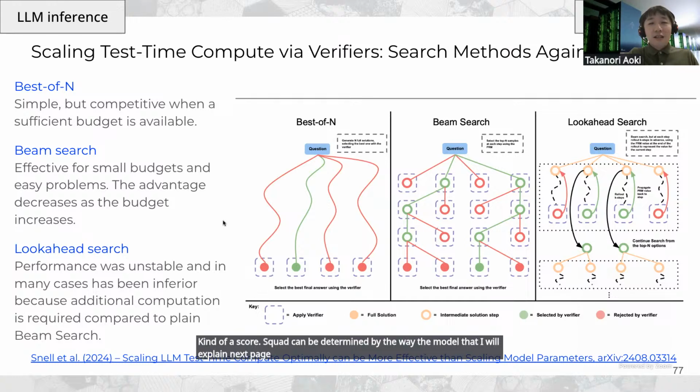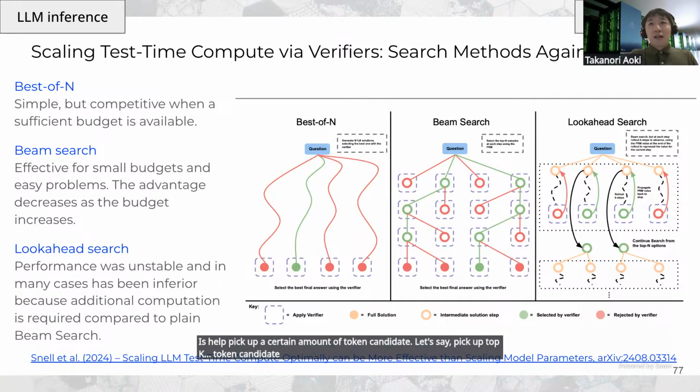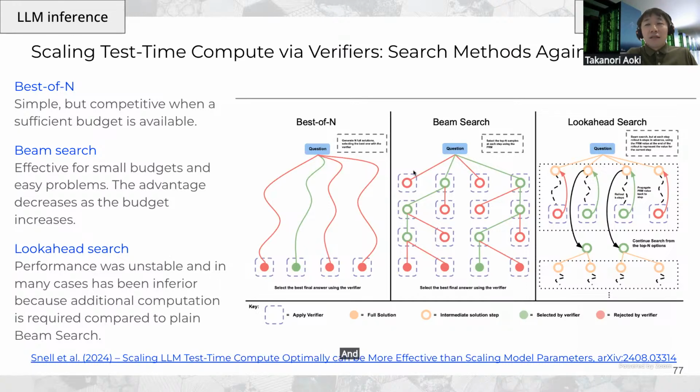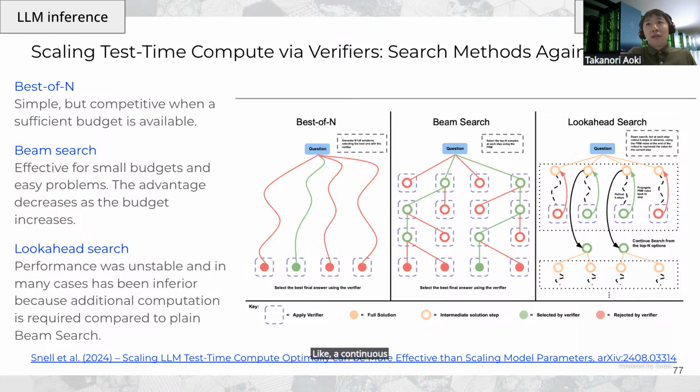Let's assume we have a reward model to evaluate how good or bad a generated token is. Beam search helps pick a certain number of token candidates, say the top K, and retain the top K tokens and pick the best one as we continue generating tokens.